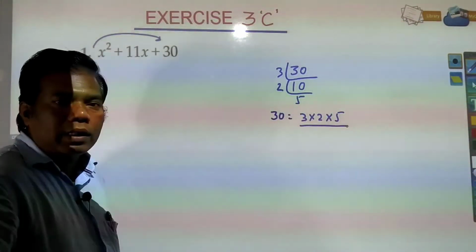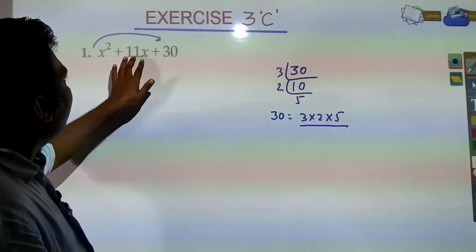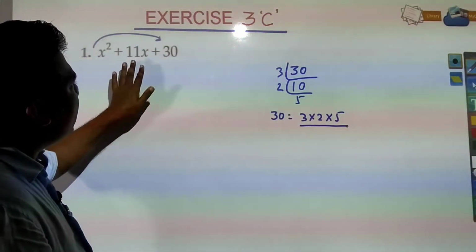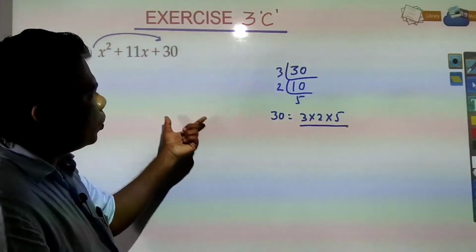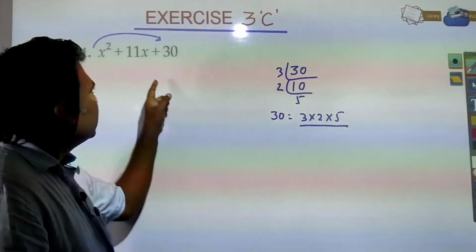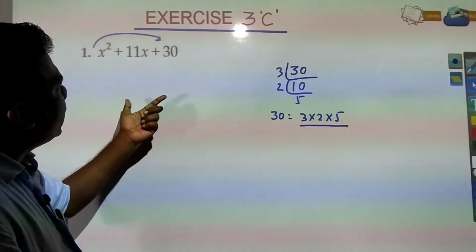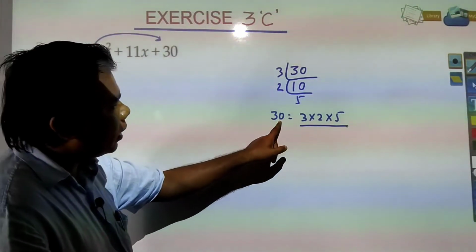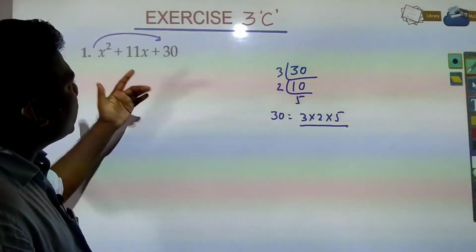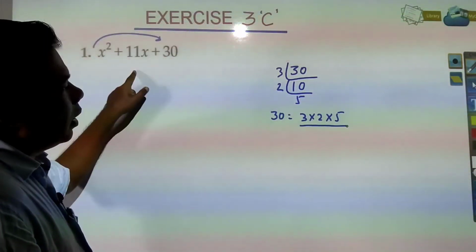These factors are there. Now this 11x should be split in such a way that if you multiply the two terms you get 30, and if you add them you get 11.